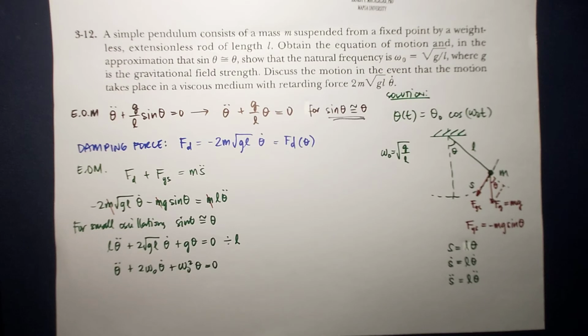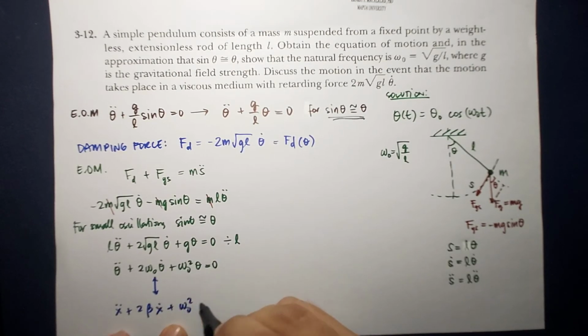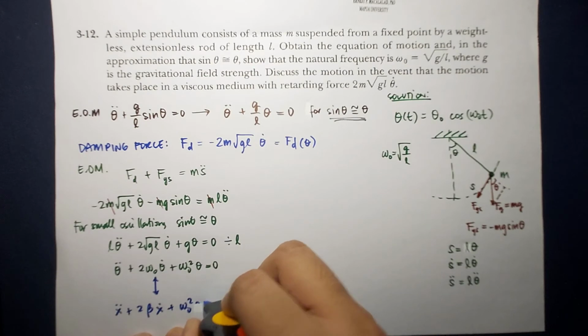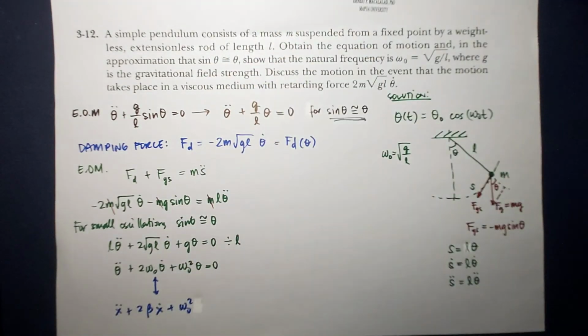From our previous discussion, this has a very similar form to x double dot plus 2 beta x dot plus omega naught squared x equals 0.